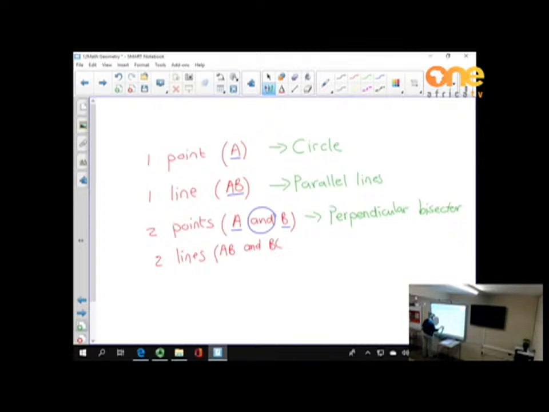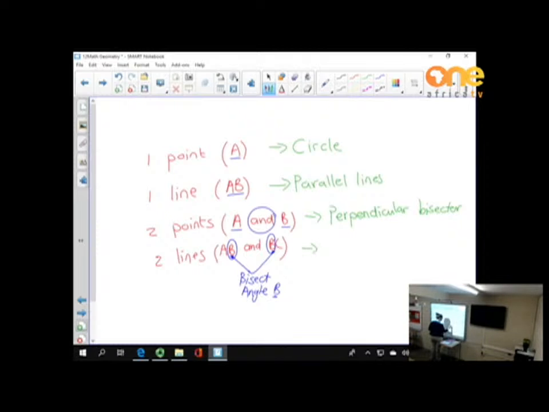And you will find that one of the capital letters will be repeated in the question between the two lines. So what this means is you will need to bisect angle B, because the B is there in both of them.